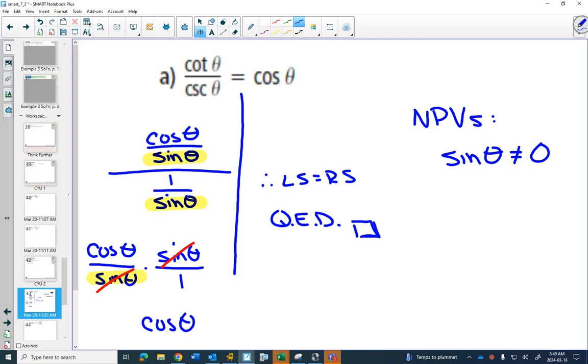And then we have to think about, when does this happen? On our unit circle, is the y value ever 0? Yes. When does that happen? Well, that happens at 0, pi, 2 pi, dot, dot, dot. How do we write that?